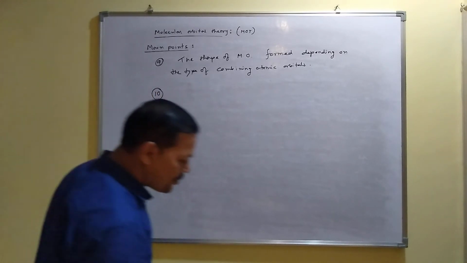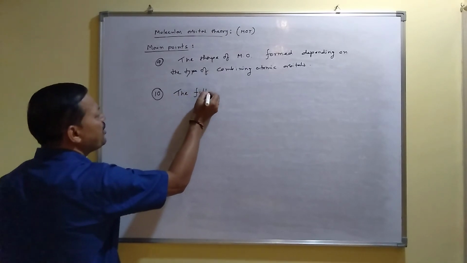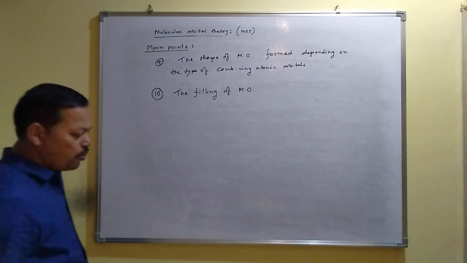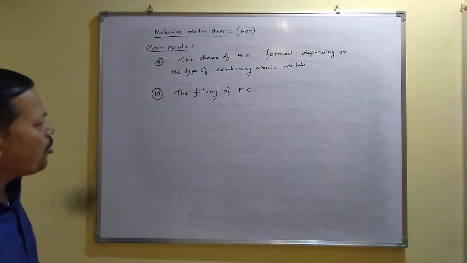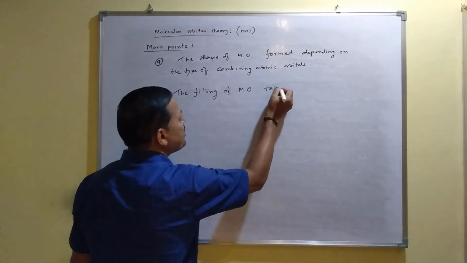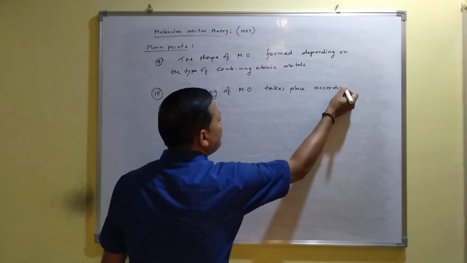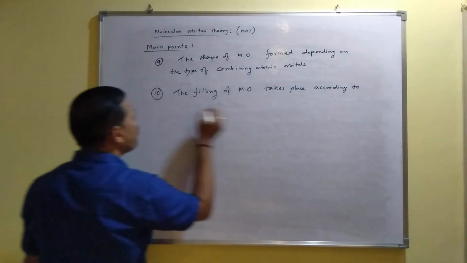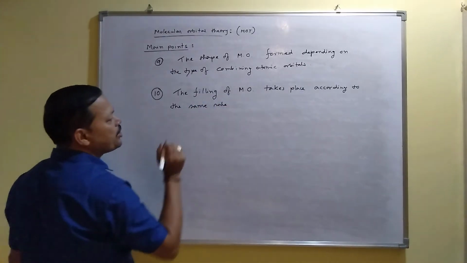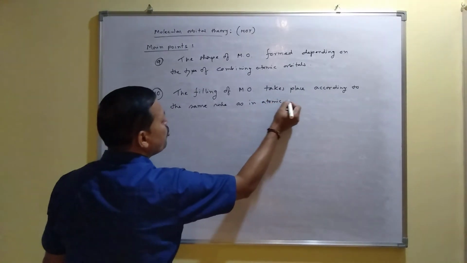And the number 10 last point, the filling of molecular orbitals. When you fill up the electrons in molecular orbitals, the filling takes place according to the same rule as in atomic orbitals.